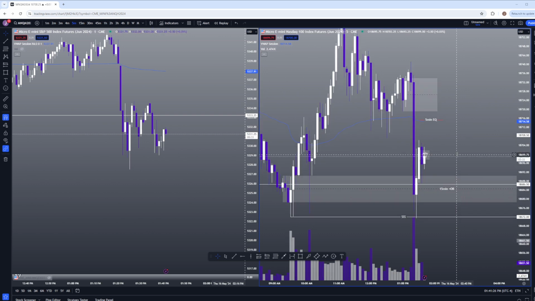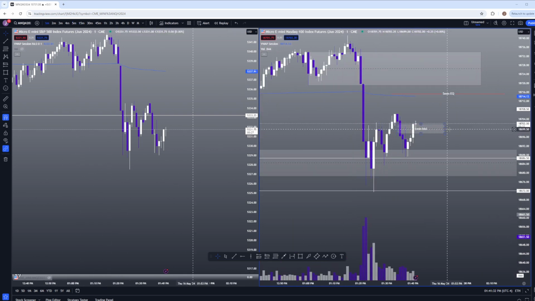We're moving very slow right now. We're just kind of ranging right here on the 1 minute. Making higher lows, higher highs, so we're still ranging up, but it's not anything too crazy. Nothing too crazy here.